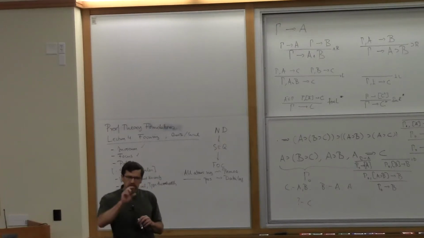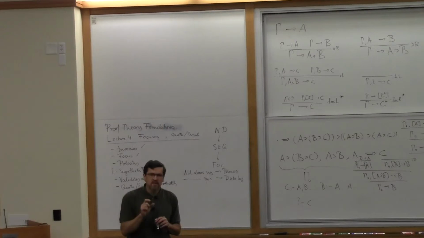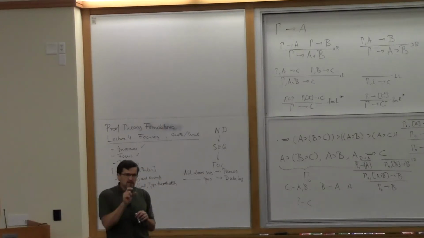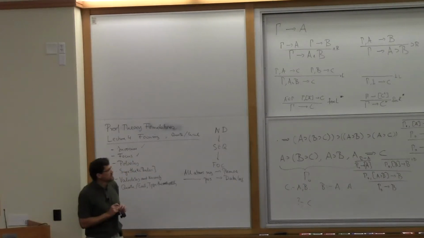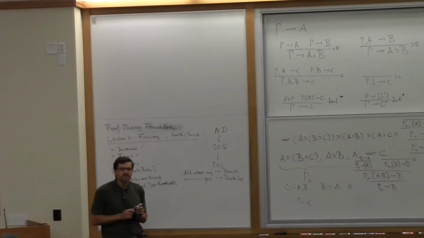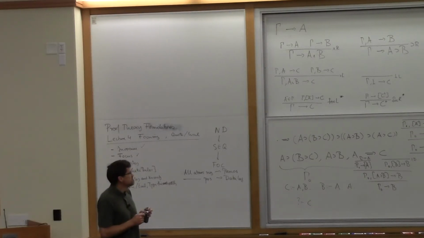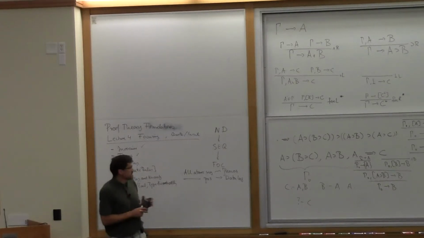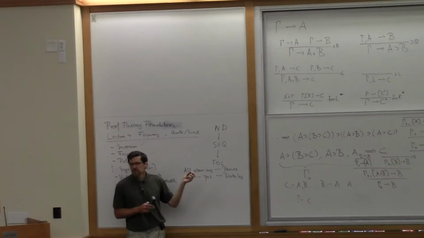In the linear case, there's some small variation on the way that you do focusing, which gives slightly different search spaces. But here, I think this is the only one. Like I said before, by the way, focusing came from linear logic, and this is kind of retrofitting the idea onto intuitionistic logic.